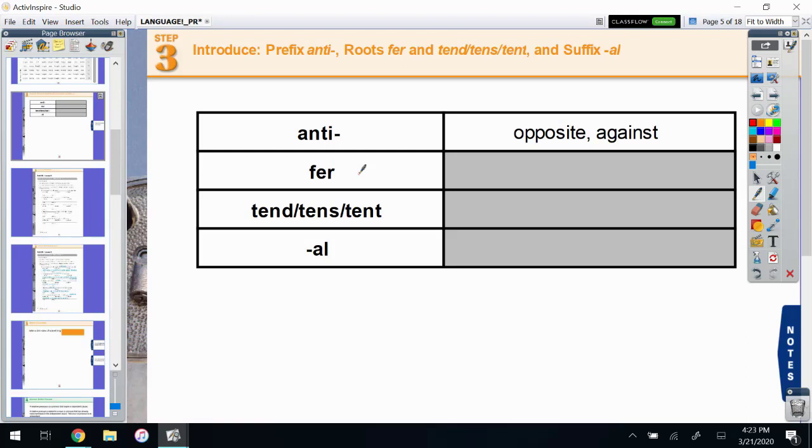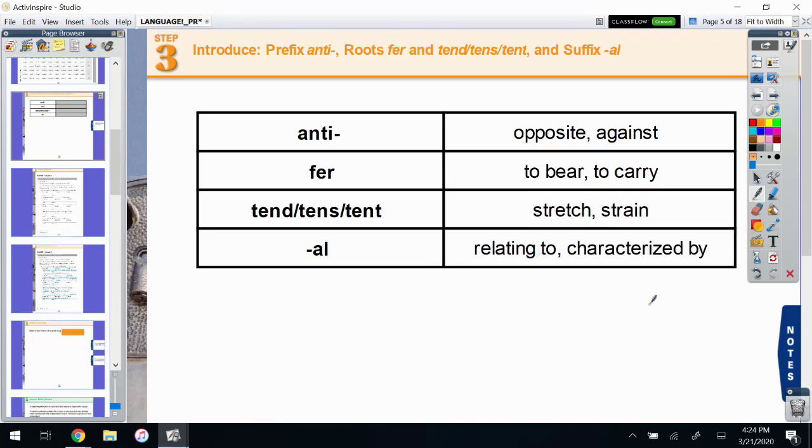The next one is fer. Fer is a root, and it means to bear or to carry. Tend, tens, or tent is another root that means to stretch or to strain. And the suffix al means relating to or characterized by.